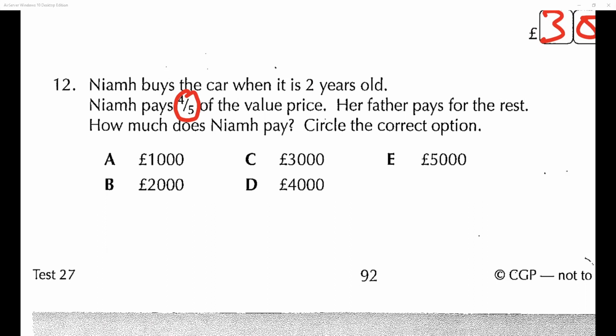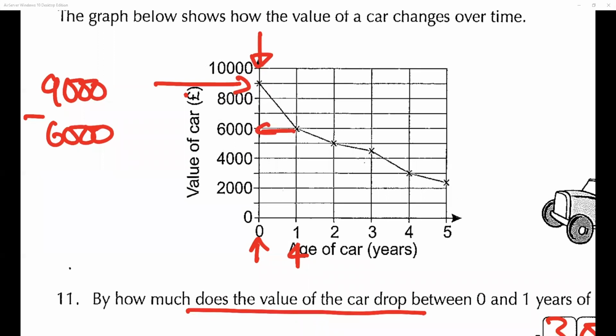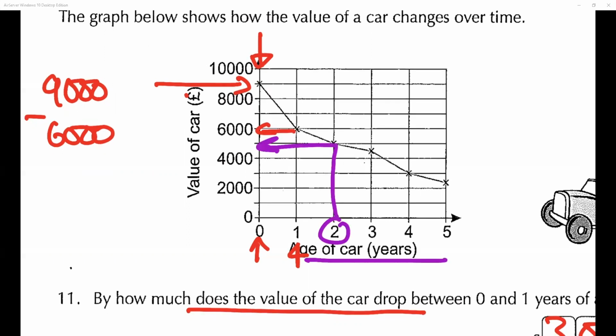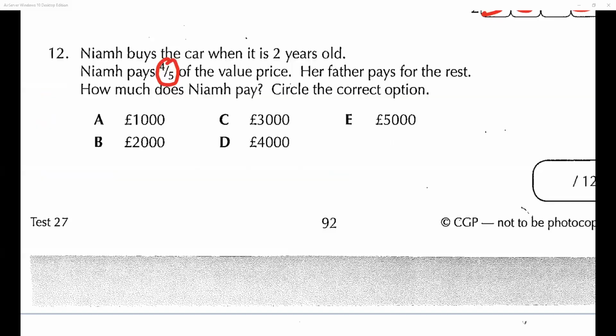Circle the correct option. So she buys it when it's 2 years old. So at 2 years, how much does the car cost? 5,000. So the car costs 5,000 pounds at the 2-year-old price. Diane pays 4/5 of the price, her father pays the rest.